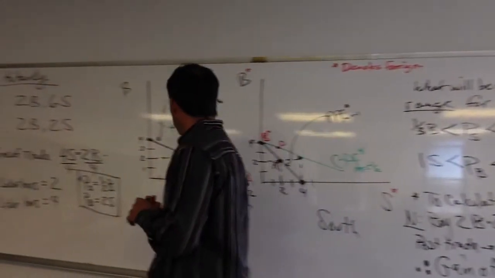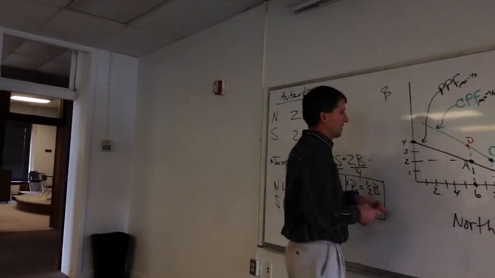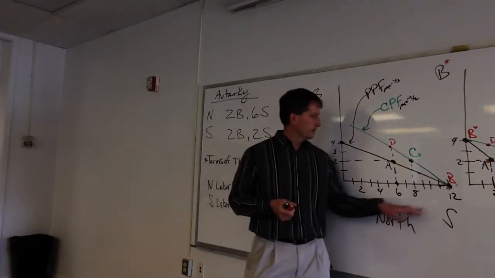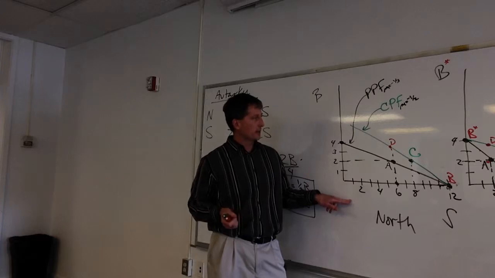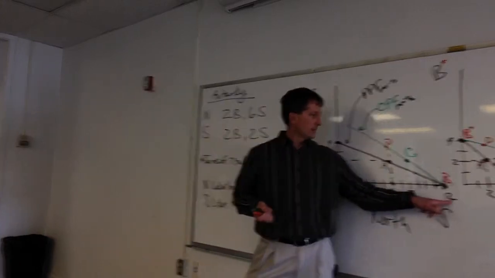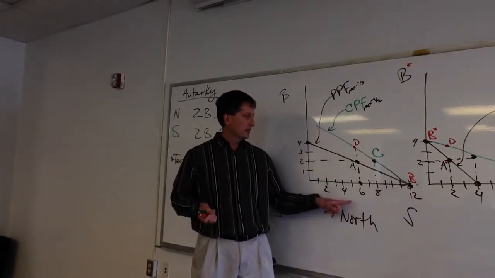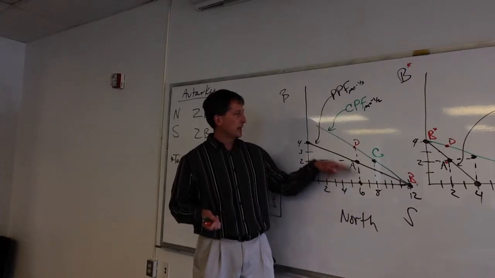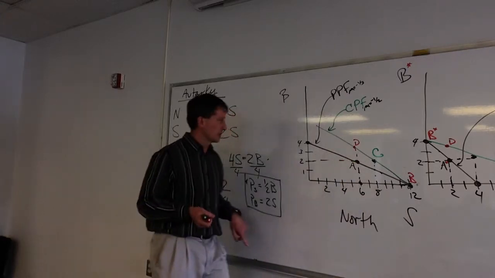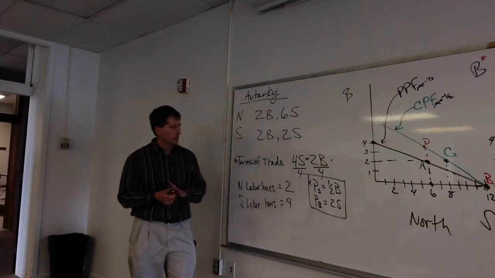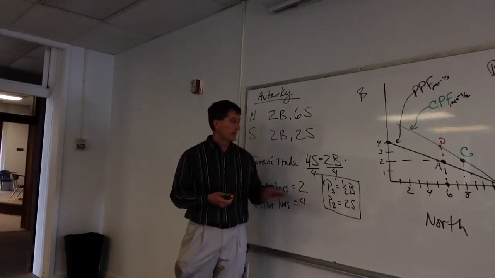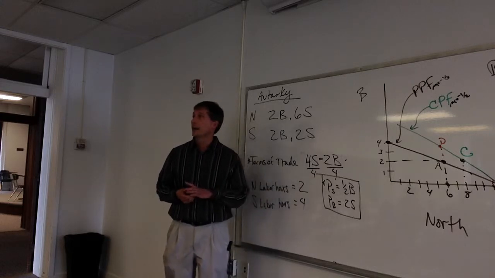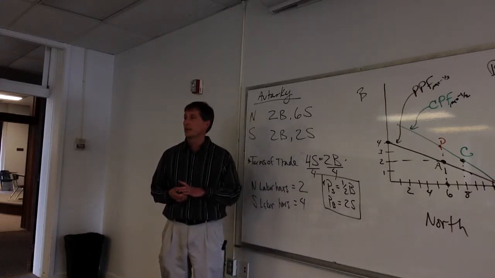Everybody get a chance to try to noodle it? So what'd you get? Let's do your 2 here. What did you do to get 2? What are you selling? You're selling shirts. How many? 6. And how much bread are you getting for your 6 shirts? Not on the international market.